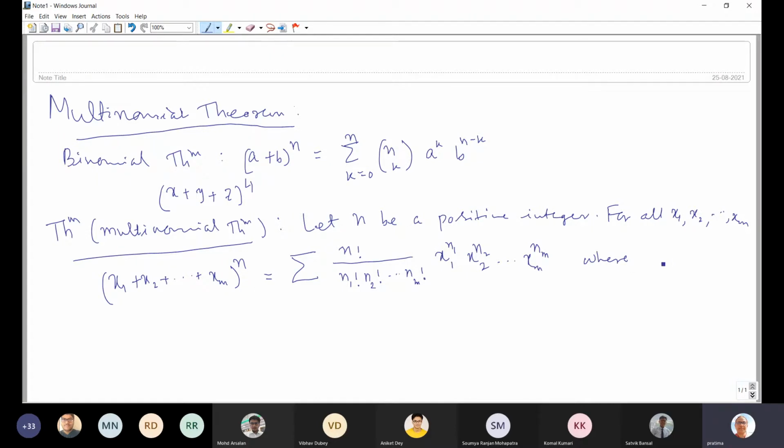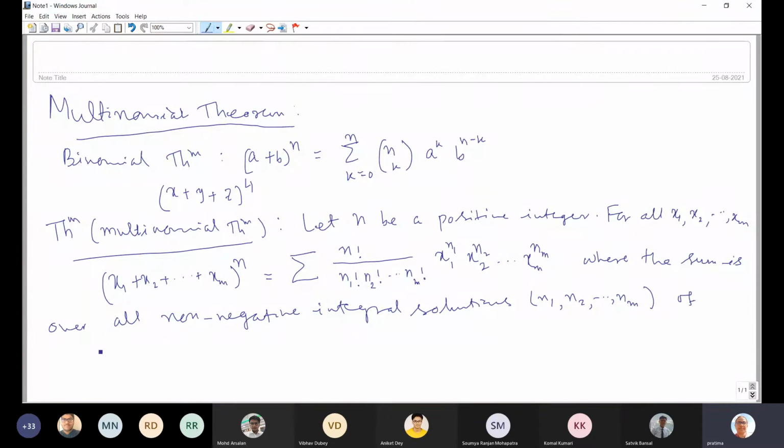Where the sum is over all non-negative integral solutions n1, n2, up to nm.